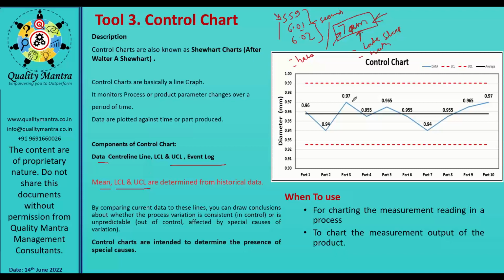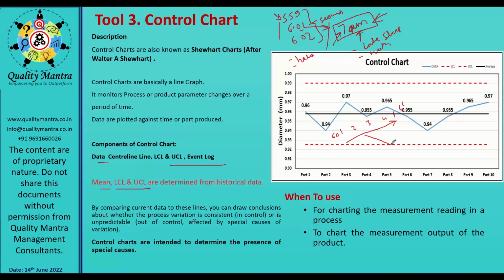Sometime if you continue to wake up late, like 6, then 1, 2, 3 minute past, 4, 5, 6, 7, so if that trend is also increasing continuously or decreasing continuously, then also there can be a special cause. That I will let you know afterwards during this training session.